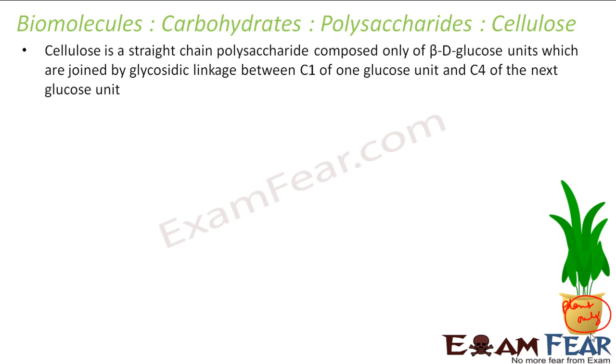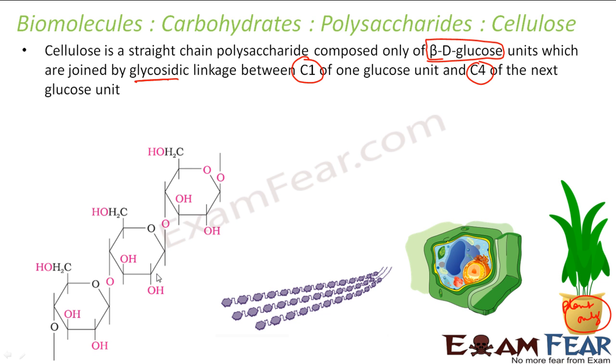Cellulose is a straight chain polysaccharide which consists of beta D glucose units, joined by glycosidic linkage between C1 of one glucose and C4 of the next glucose unit. For example, this is how it looks.